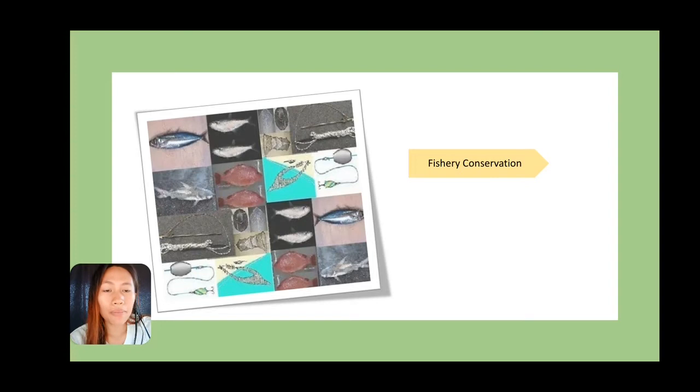As you can see, there are fish, and in our topic for today, we have two topics: the fishery conservation, and as you can see in the image, there are nets and jiggers used in catching fish. So, for today's discussion, we have two topics: the fishery conservation and the fishing gears. You're right. In the picture are the fishery conservation and the fishing gears.